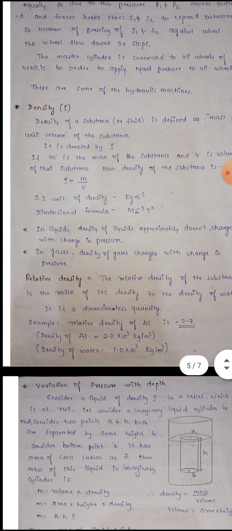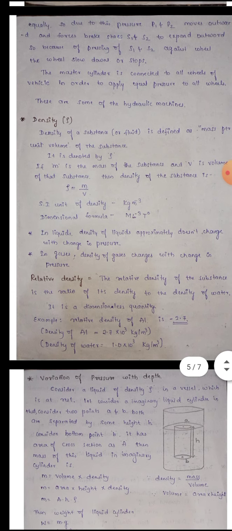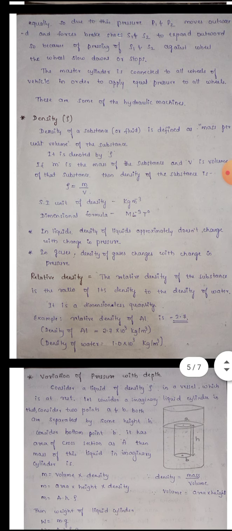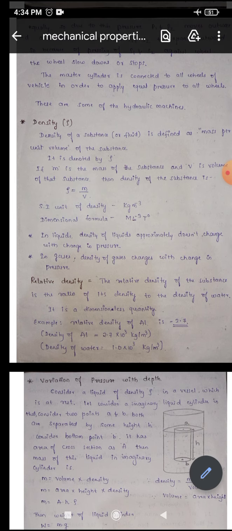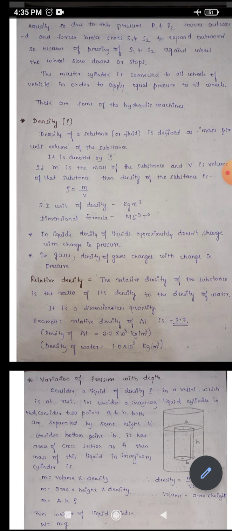Next we have the term density. The density of any substance or fluid is defined as the mass per unit volume of that substance. It is denoted by the letter rho.